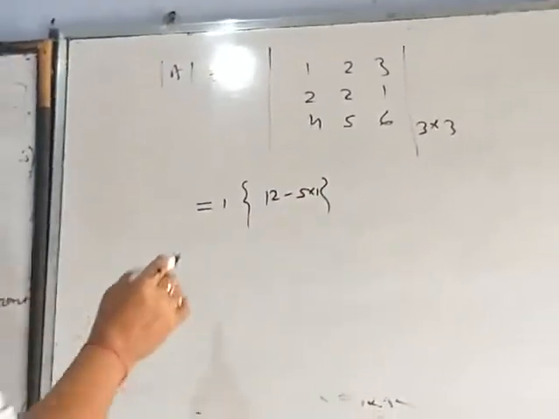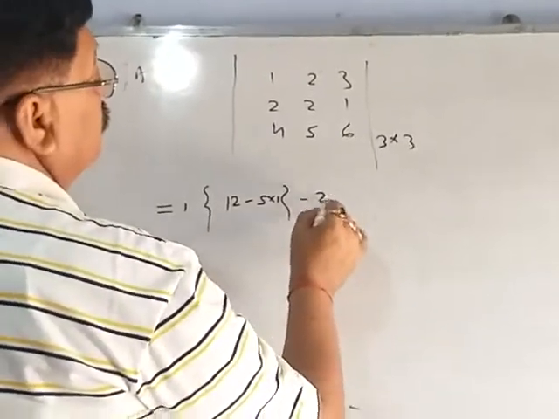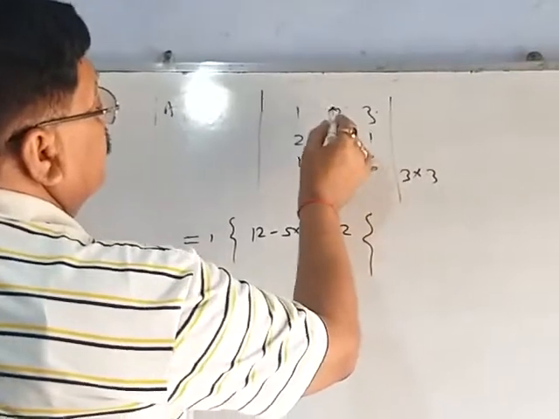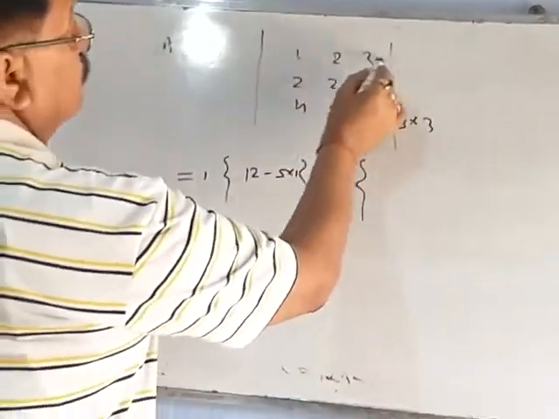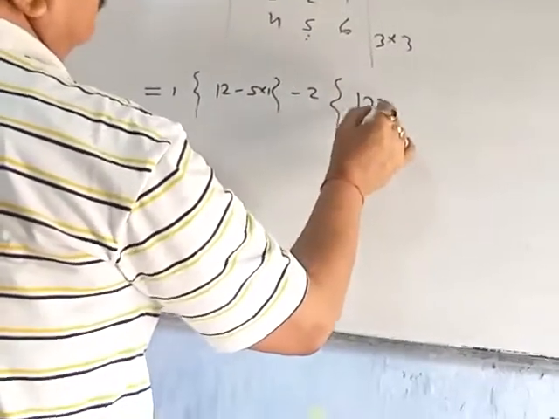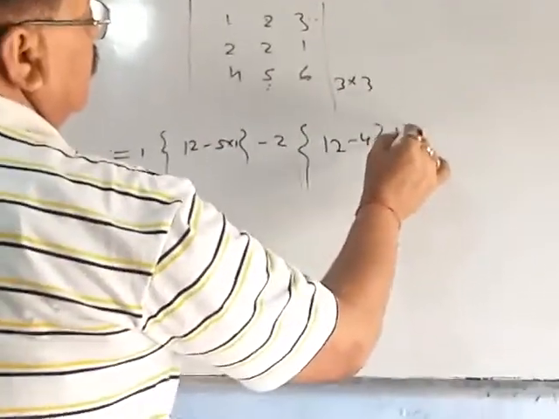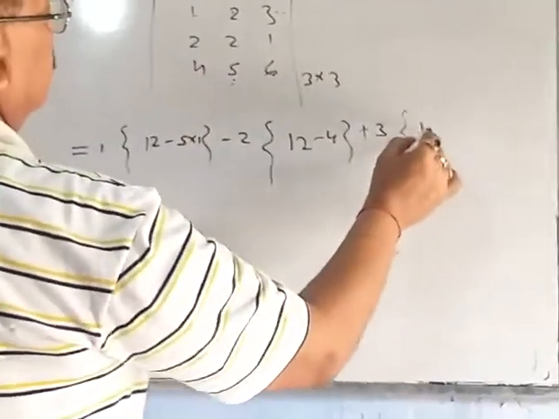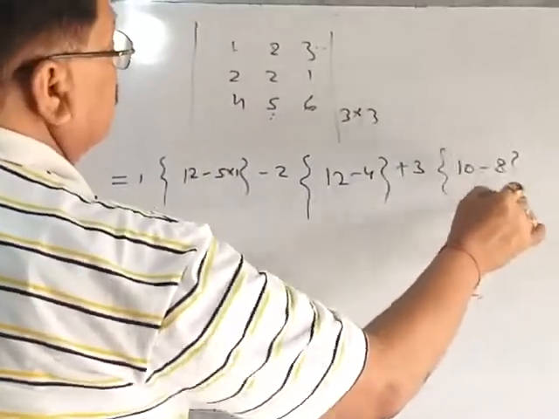Then minus 2, which lies in first row and second column, so this row and this column cancel: 6 times 2 is 12, minus 4 times 1. Then plus 3: this row and column cancel, 5 times 2 is 10, minus 8.